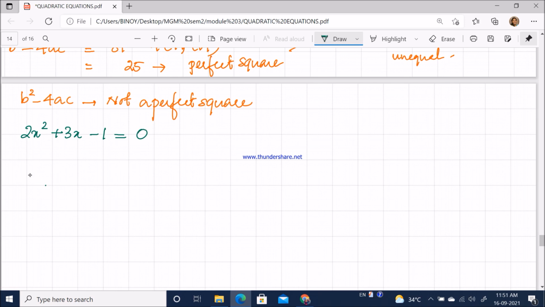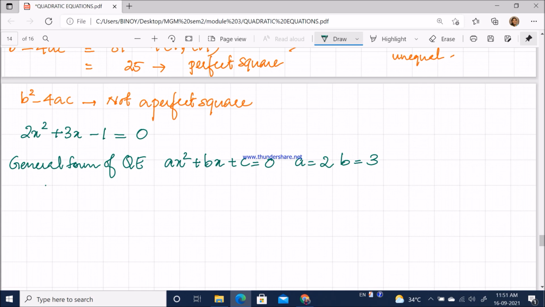Now the general form of a quadratic equation is ax square plus bx plus c equals 0. So the value of a is 2, b is 3 and c equals minus 1.